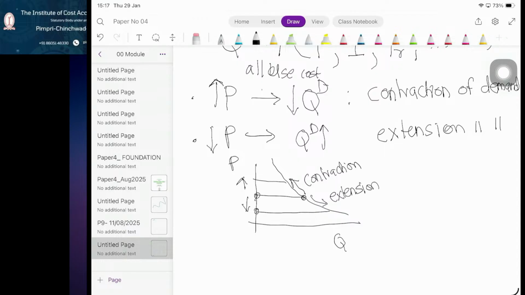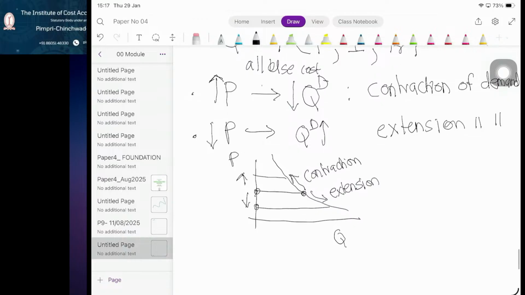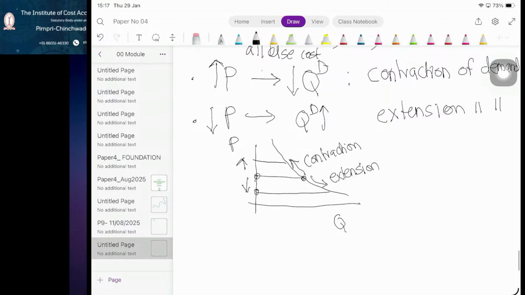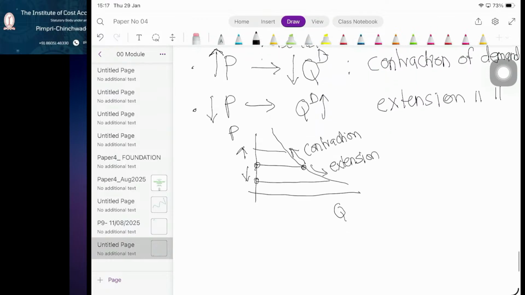Have you all got this? Can I proceed? This is fine with all online students also? Okay, great. But remember, this may look very simple, but many times this is a very critical point.